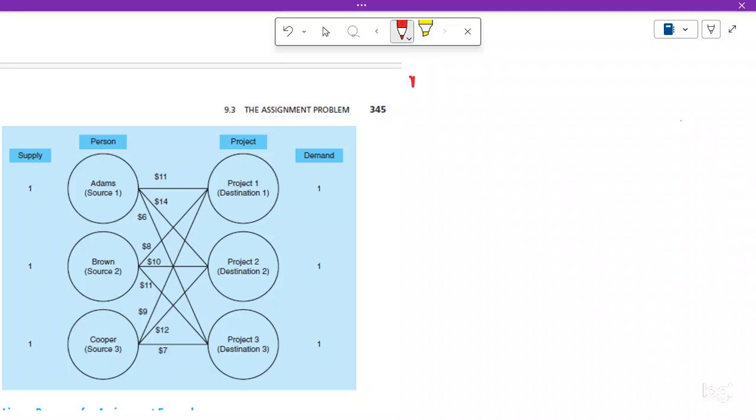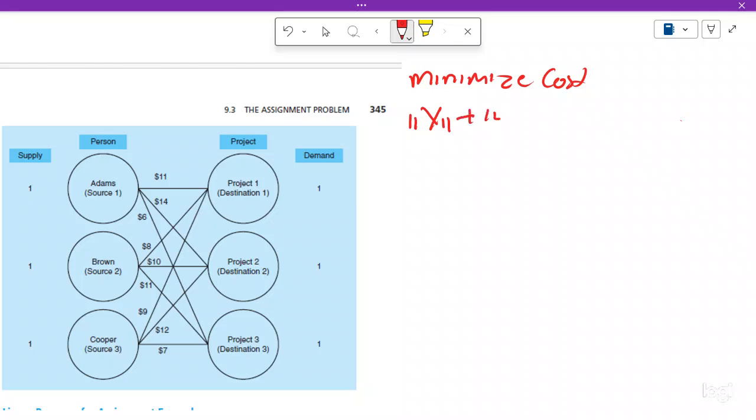So we minimize cost. For x11, what is the cost? It's 11, okay?